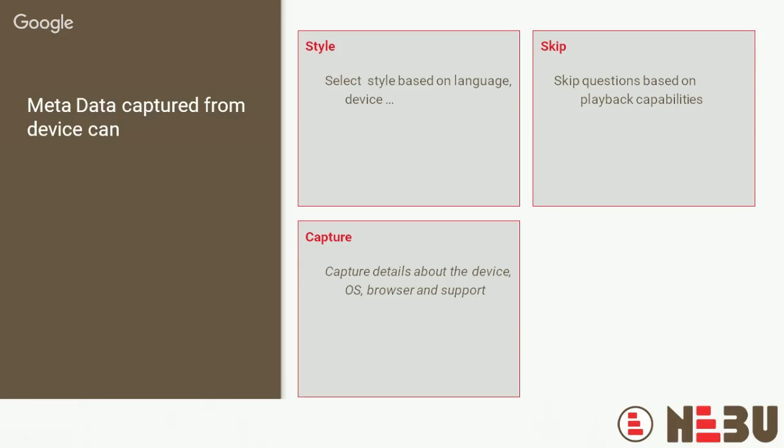Obviously, capturing all the details about the device also gives you information for reporting. You can certainly see whether more respondents are engaged in your mobile offering, whether certain browsers are used more often than others.